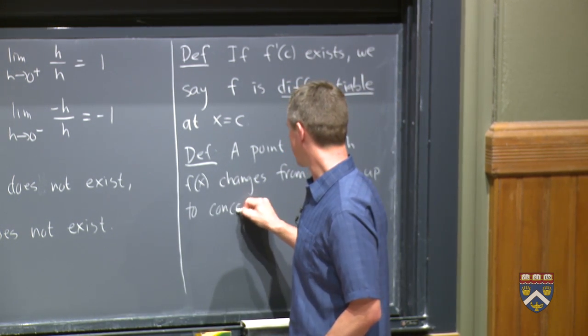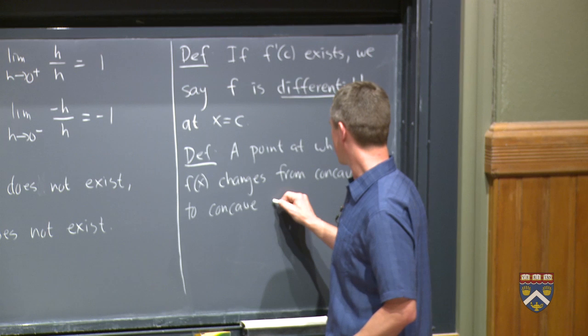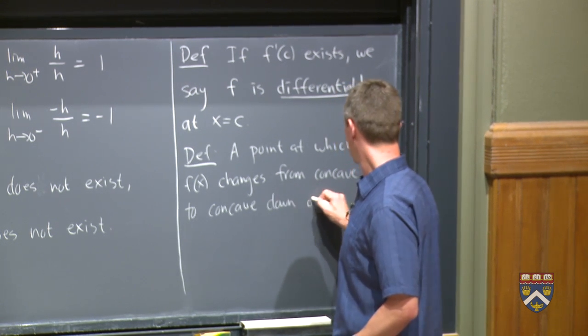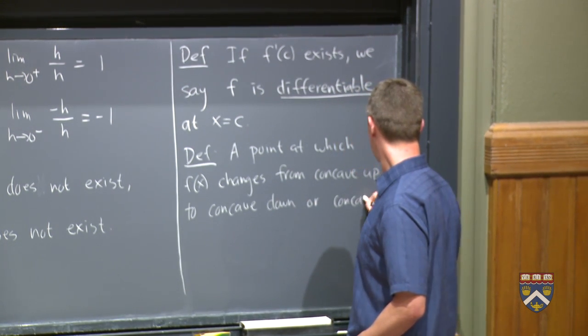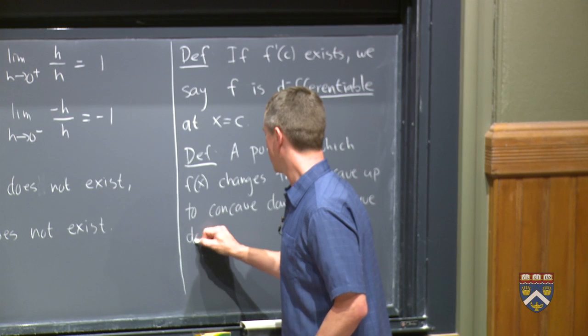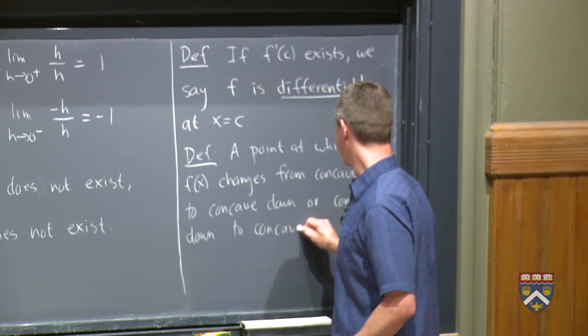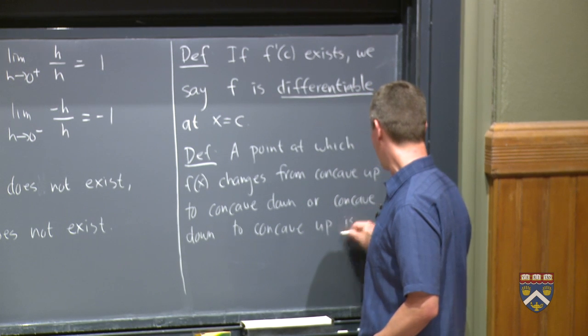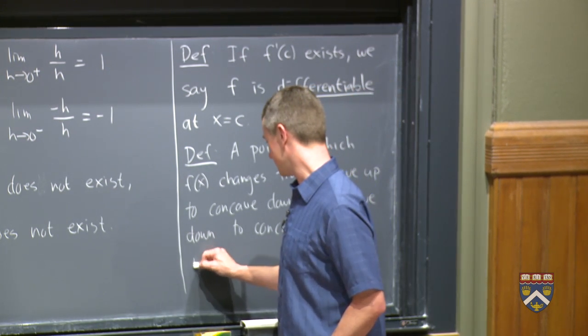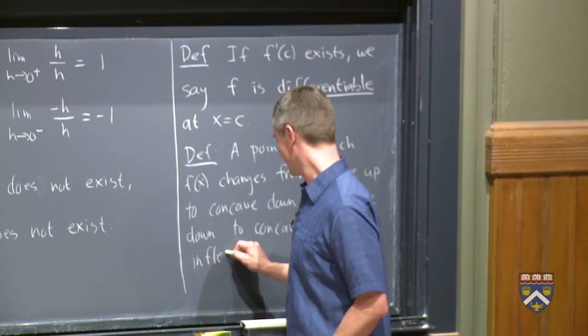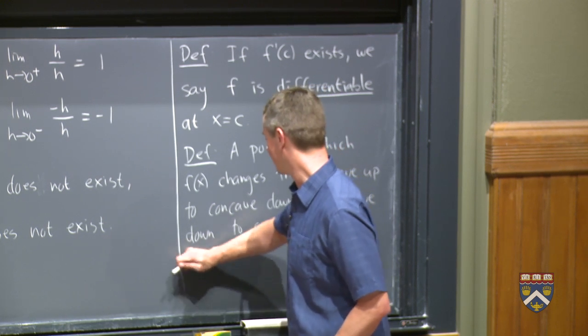This is given a special name. And this is another one of those words that has escaped from math and is being misused out in the general public. It is called an inflection point.